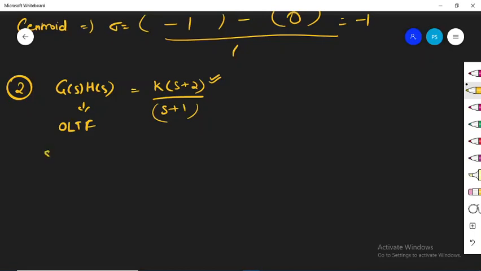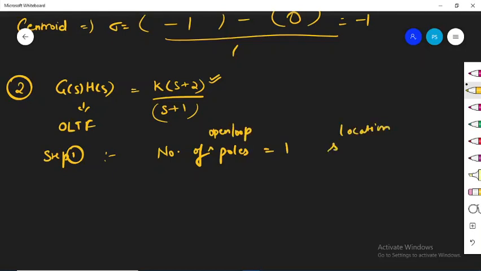So first step, again step 1, will be to determine the number of poles and number of zeros and where they are lying in the root locus diagram. So total number of open loop poles, here we have got one, of course, and what is its location? The location is at s is equal to -1.